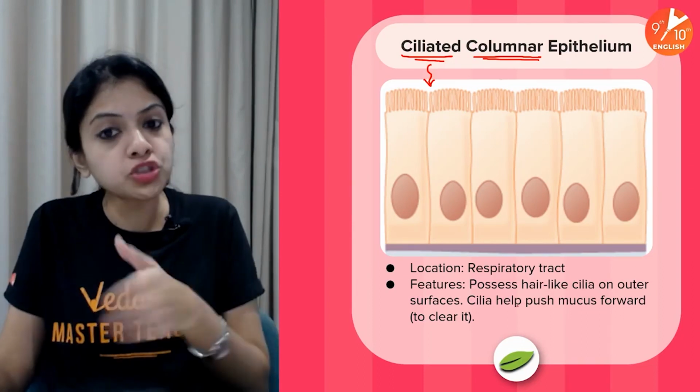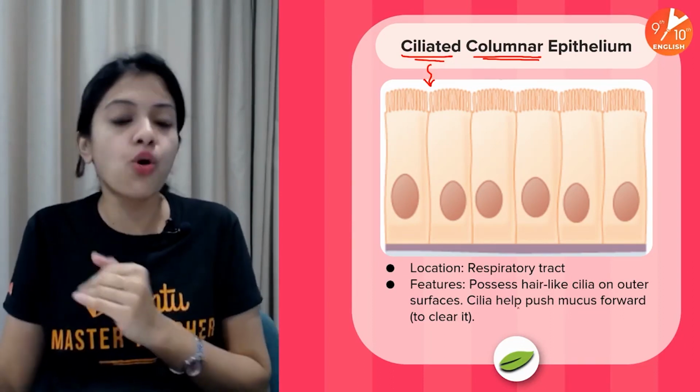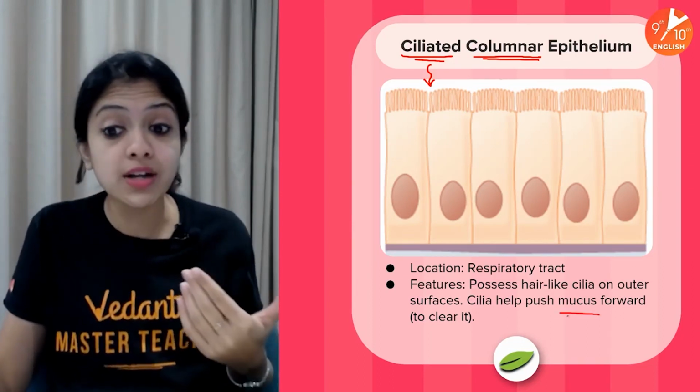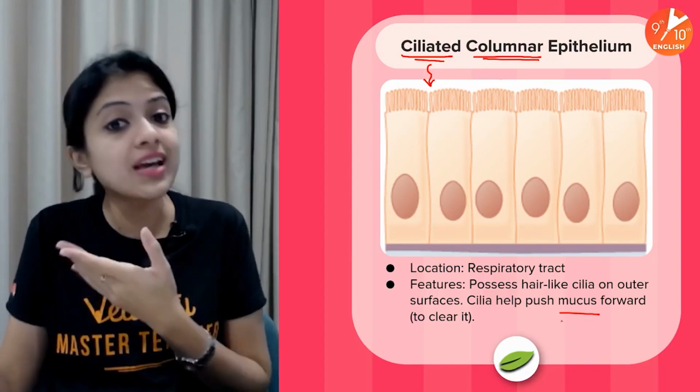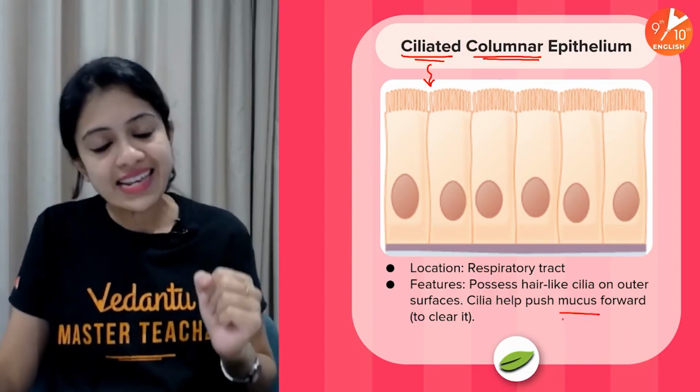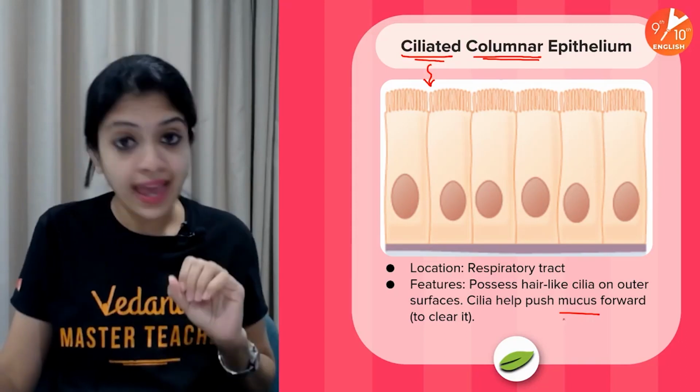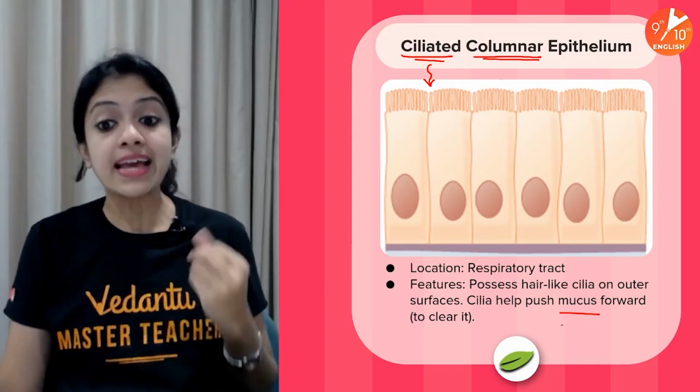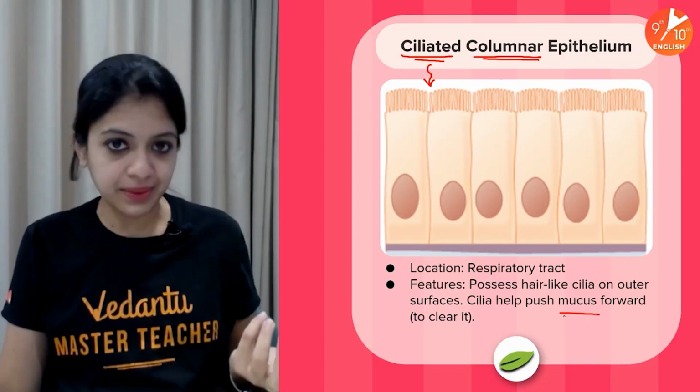It's able to push substances forward, especially mucus. In order to push mucus forward to clear it, these cilia are very helpful. So this is what happens in ciliated columnar epithelium.